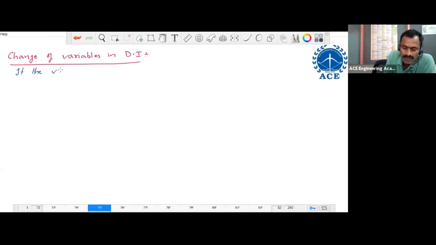The variables x and y of the x, y plane in one coordinate system.